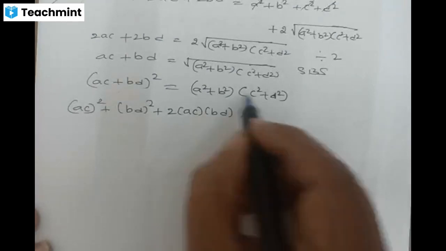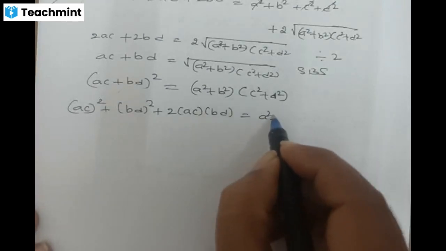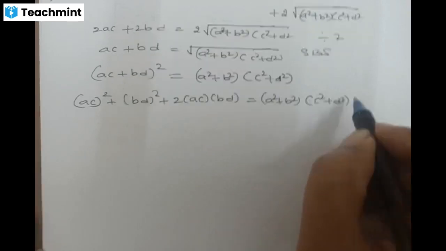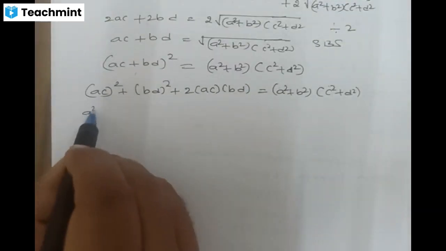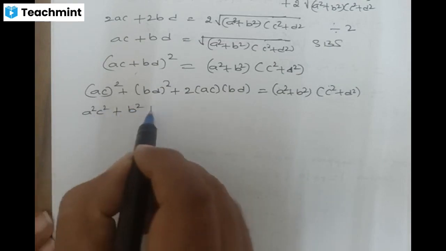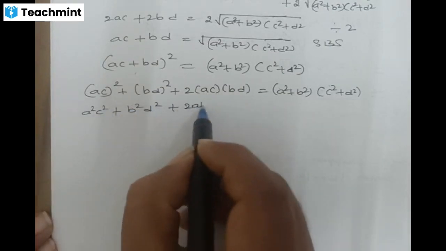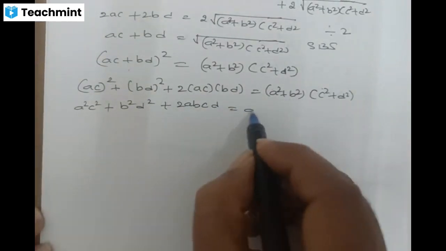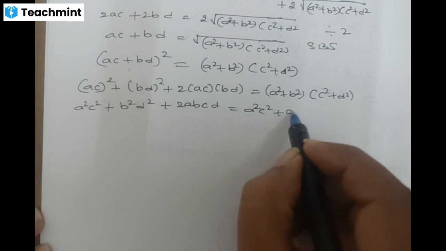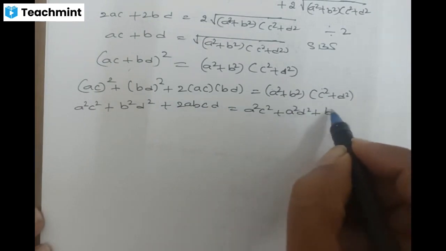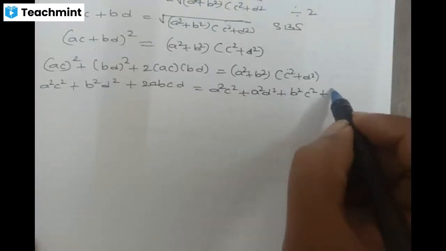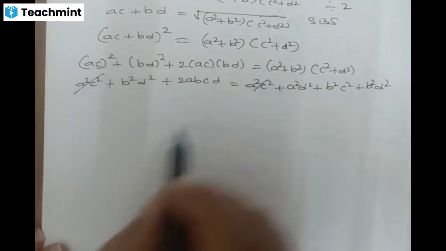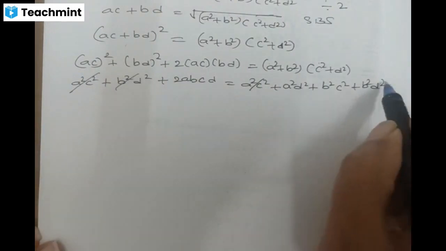So we can write in one step: a square c square plus b square d square plus 2abcd equals a square c square plus a square d square plus b square c square plus b square d square. See, a square c square gets cancelled, then b square d square gets cancelled.